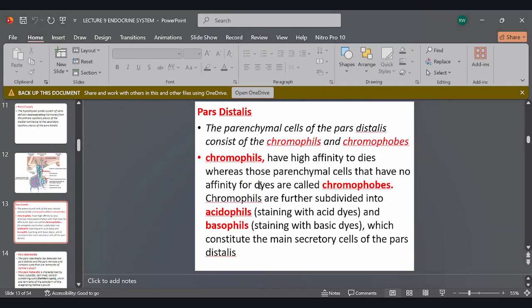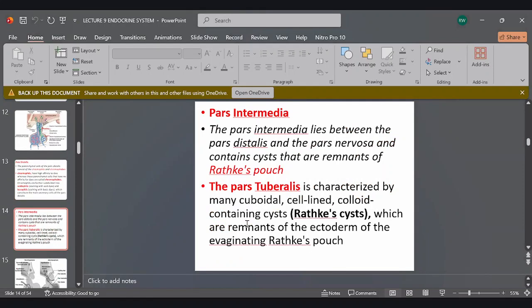We have the chromophils and the chromophobes. We have said the chromophils have high affinity for dyes, and they are further divided into acidophils and basophils. Then you have the pars intermedia, which lies between the pars distalis and the pars nervosa and contains cysts that are remnants of Rathke's pouch.